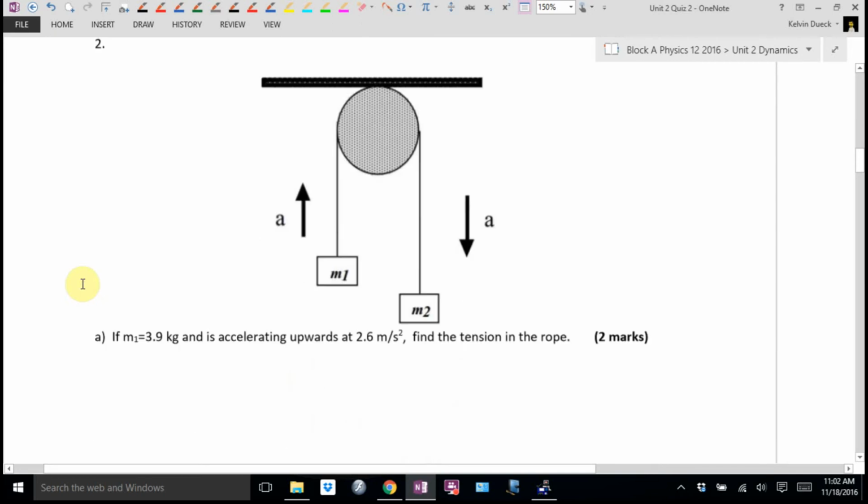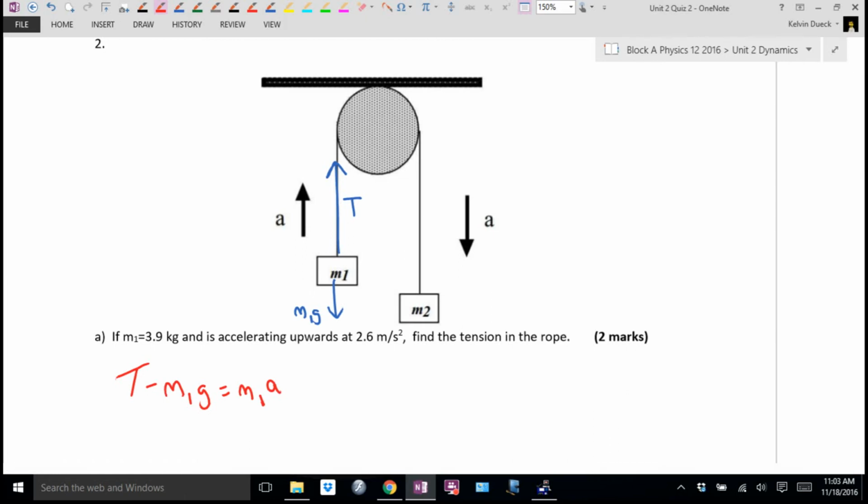Number 2. Find the tension in the rope. Mass 1 is 3.9 kilograms. It's accelerating upwards. Okay. M1G, tension, and tension's winning. My equation is going to be winner minus loser equals M1A. I didn't look at both because I don't know one of the masses, so why do an M1A, M2A both?